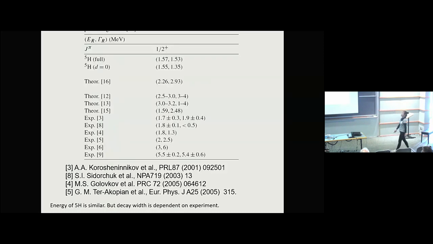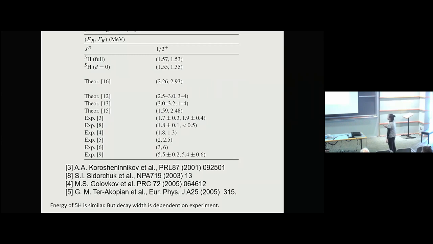However, after this experimental data, several experiments also reported on hydrogen 5. I summarize the experimental values of hydrogen 5. This is the Korsheninnikov experimental data, which I already showed you.